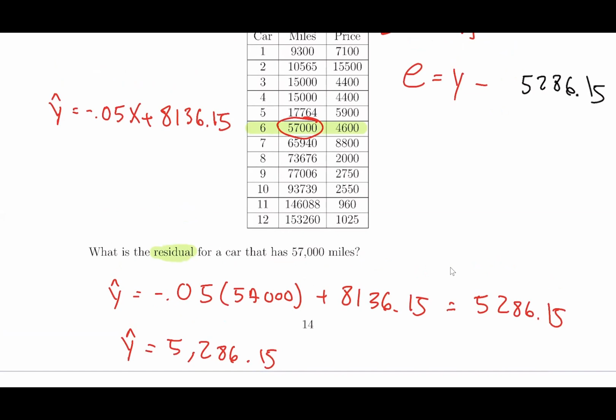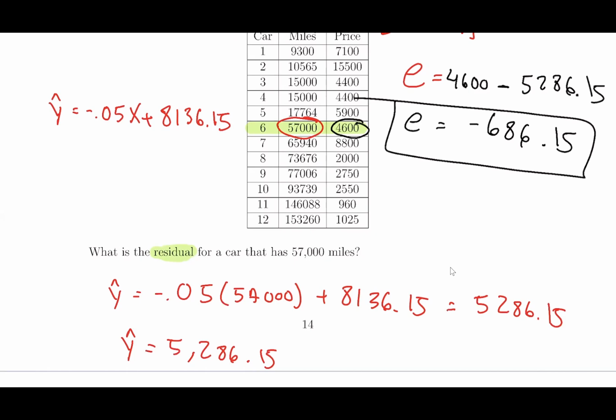Next, y is the actual value that corresponds to that x, which is 4,600. So right here we'll put 4,600 and subtract the y hat. That gives us our residual. If you do 4,600 minus 5,286.15, you get the residual equal to negative 686.15.